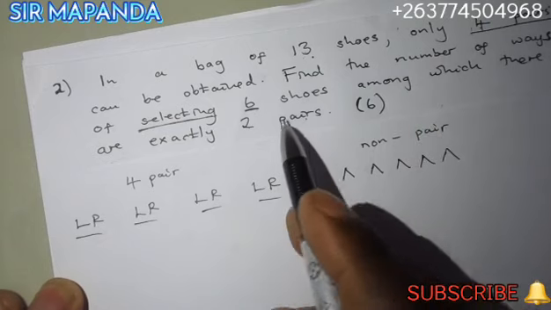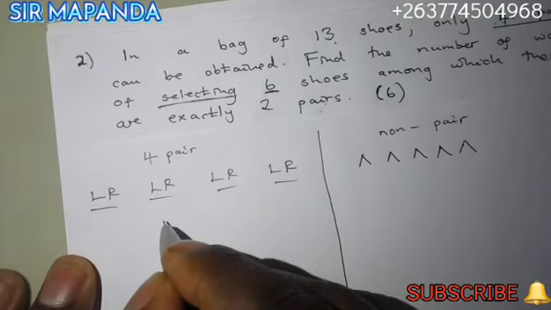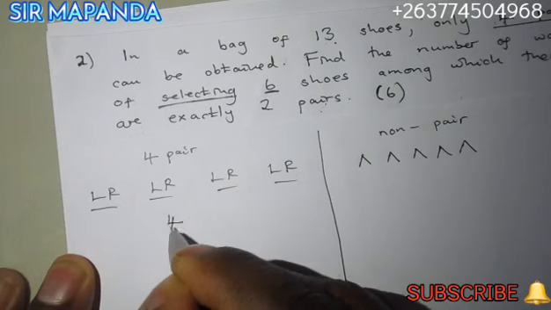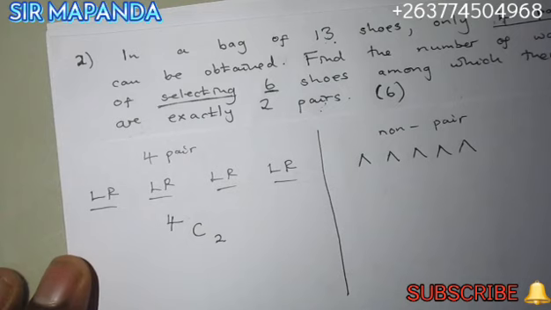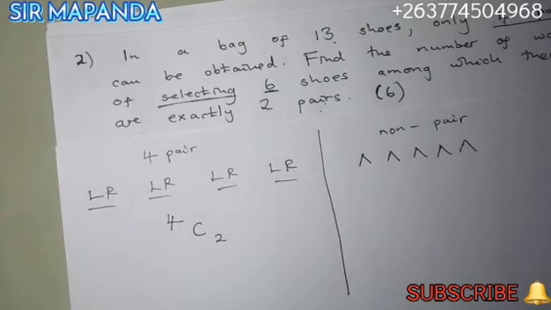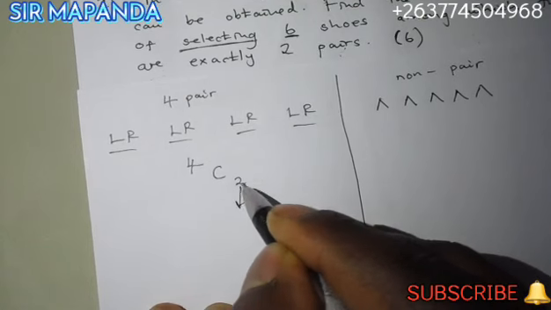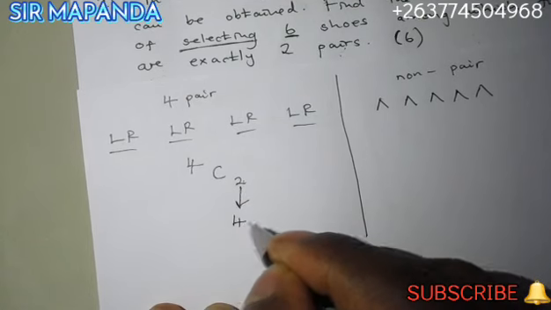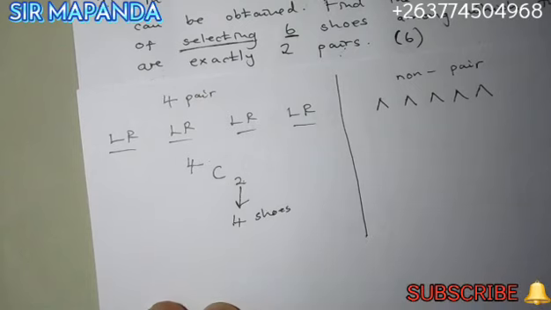So we want to select exactly 2 pairs of shoes on our left side. Remember, we have 4 pairs of shoes, and from the 4 pairs you want to select exactly 2. So you write 4 combination of 2 on your left side. I hope you are following, class. Already, this 2 here means 2 pairs of shoes, which simply means 4 shoes have been selected already.